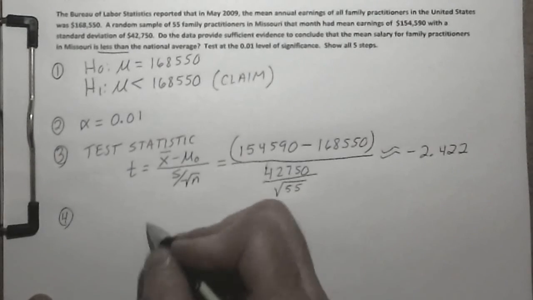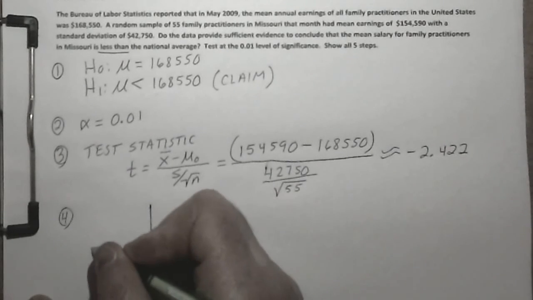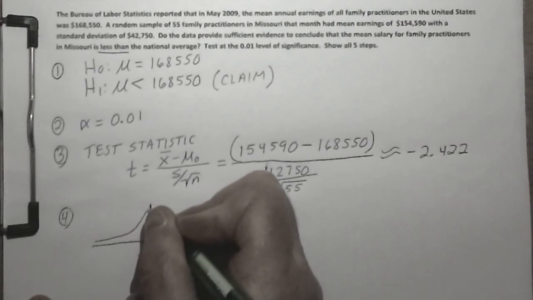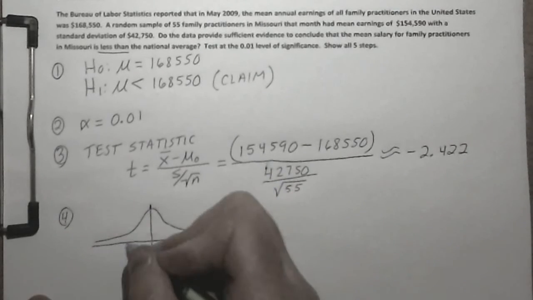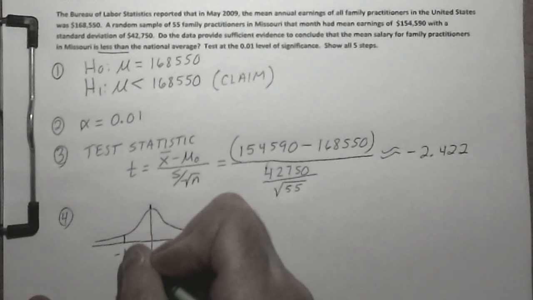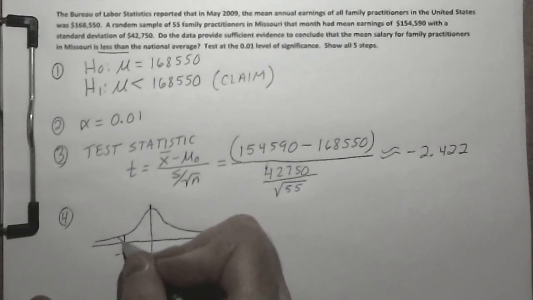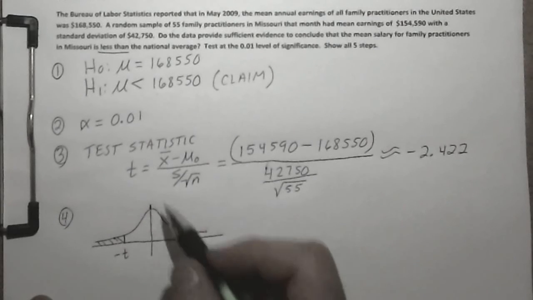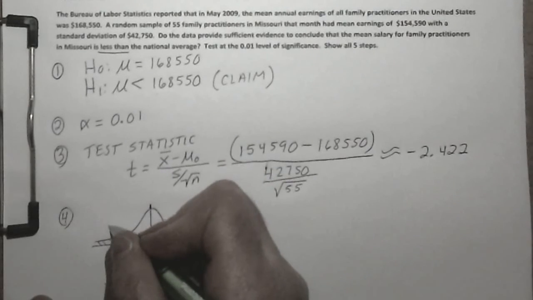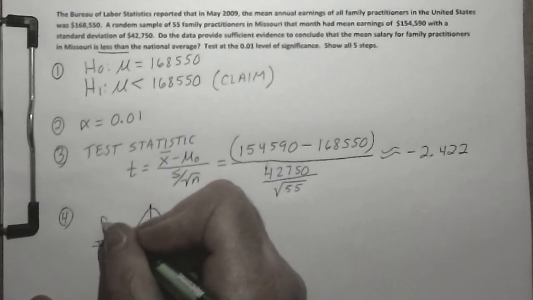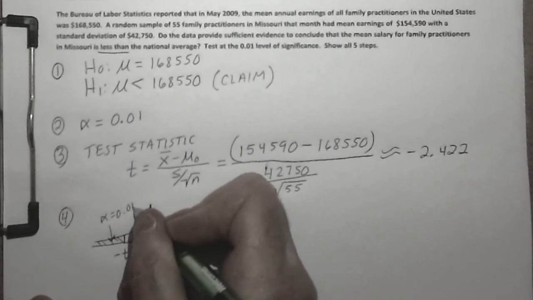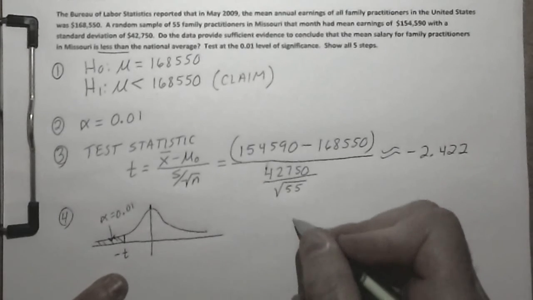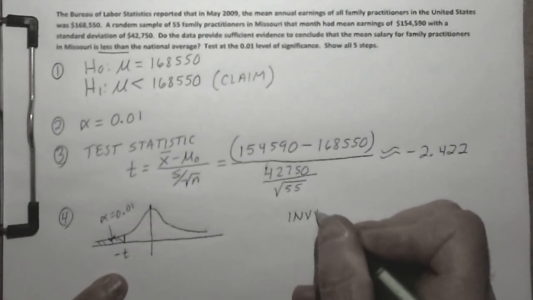This is a lower tail test, so the rejection region is going to be found only in the lower tail of the student t probability distribution. And the size of that lower tail rejection region is going to be equal to the level of significance we set back in step number 2, which is to say it has a size of 0.01. To find this critical t value, we're going to have to use our inverse t function on our calculator again.